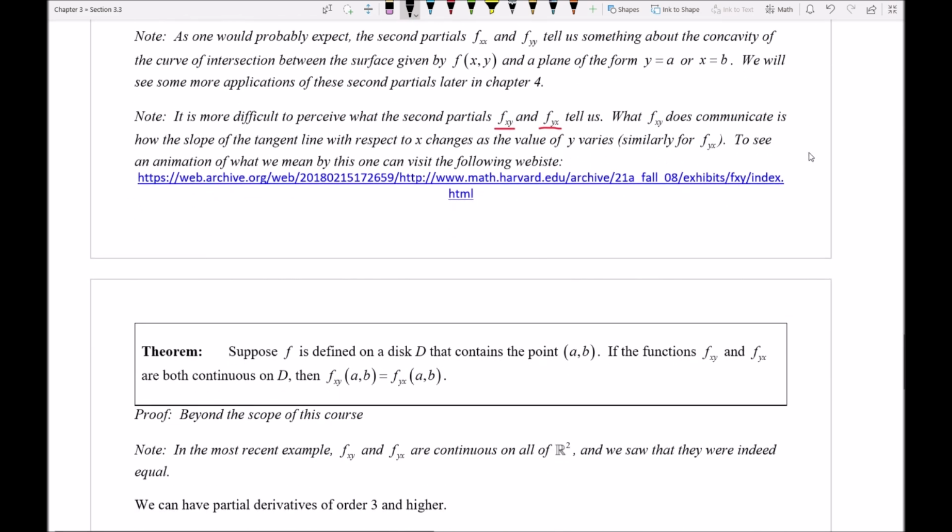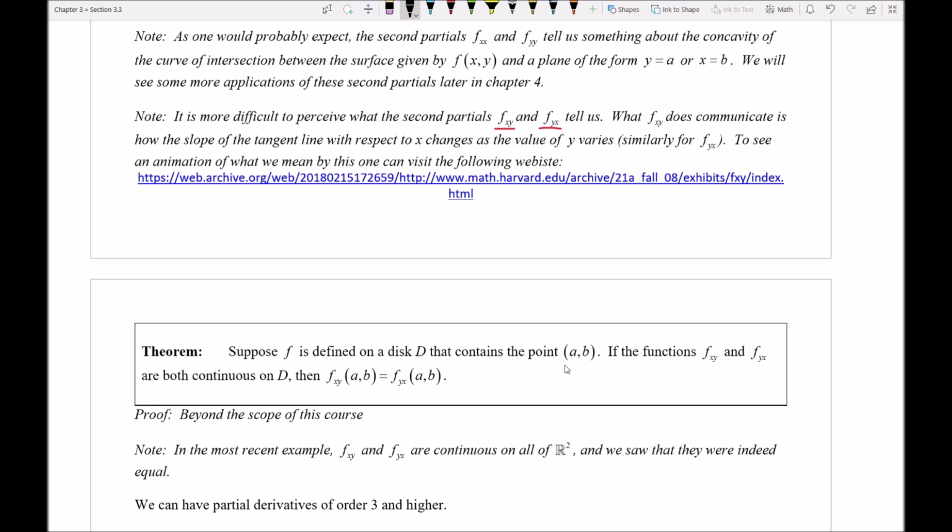Well then, if that particular disk contains (a, b), so I know that the function is defined on (a, b) and stuff around it, then if fxy and fyx are both continuous functions on that little disk, well then it must be the case that they have to come out equal.